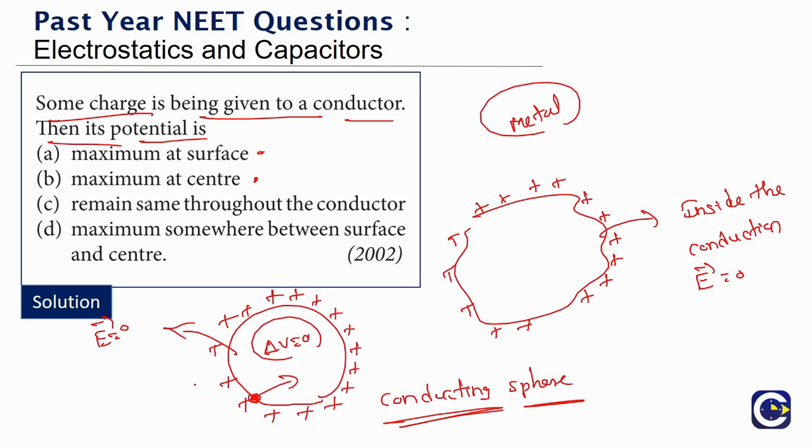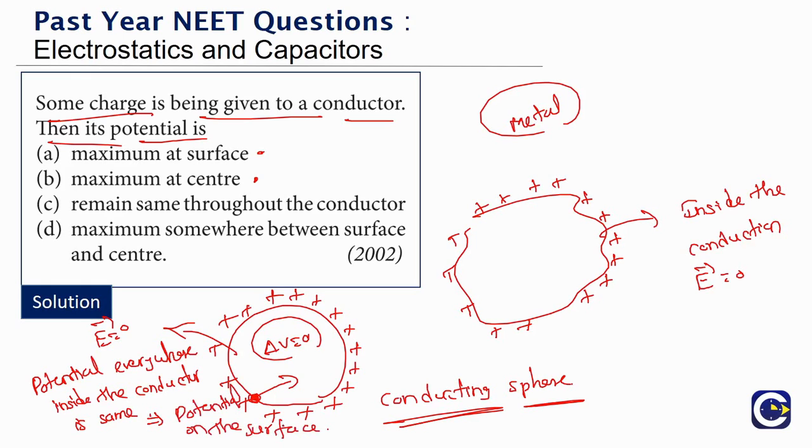In a region where there is no electric field, the potential difference will be 0, which means from the surface, as we get into the conductor, wherever we go, the potential difference is 0. So the potential everywhere inside the conductor is the same, and it is the same as the potential on the surface.